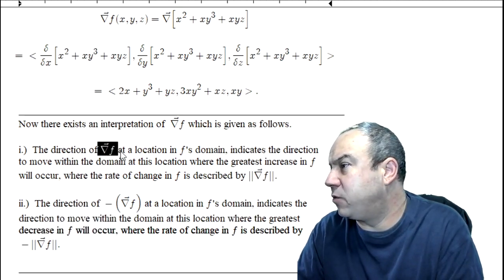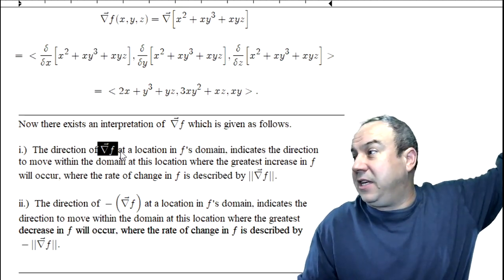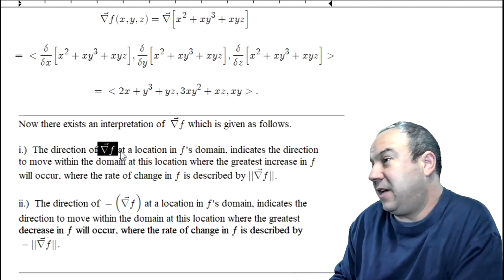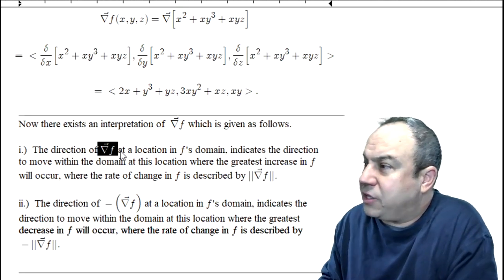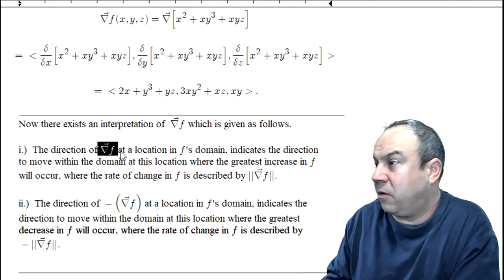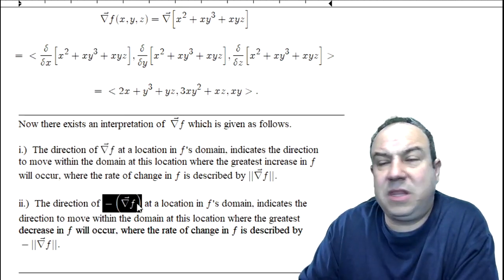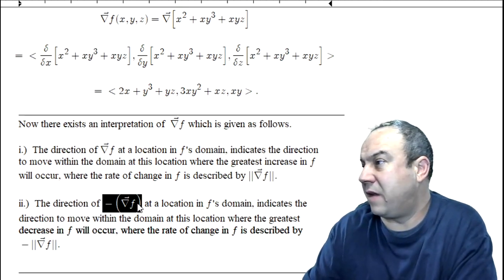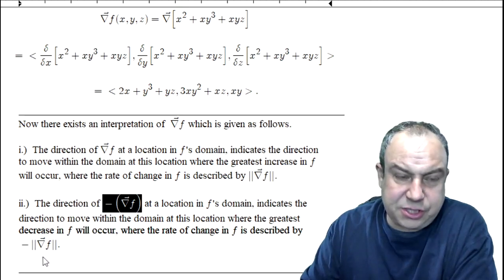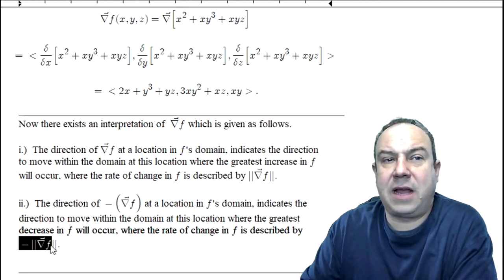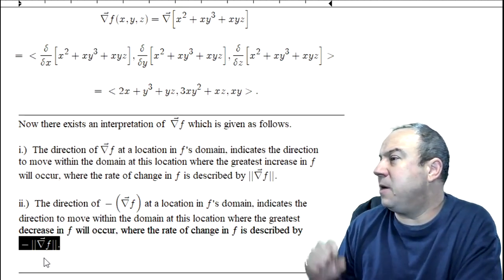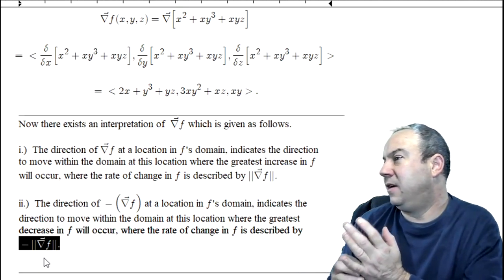If the gradient is the direction we move to go up the quickest in values of z, for z equal to f of x comma y, to go up the quickest in our output, then if we turn around and go the other direction, the direction described by the opposite of the gradient, this is going to be the direction that produces the greatest decrease in the output of that function. How much we're decreasing by, or that actual rate of change in f, would be described by the opposite of that magnitude. The negative indicates the decrease, and the amount of change is indicated by the magnitude of the gradient.